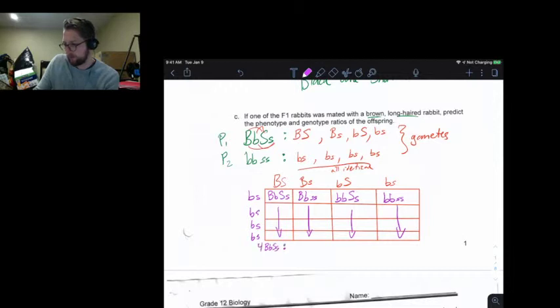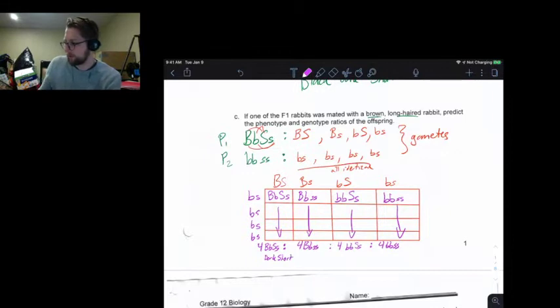We're going to have 4 of these. We're going to have 4 of these. And we're going to have 4 of these ones. And so in terms of genotypes, in terms of phenotype, we have dark and short.